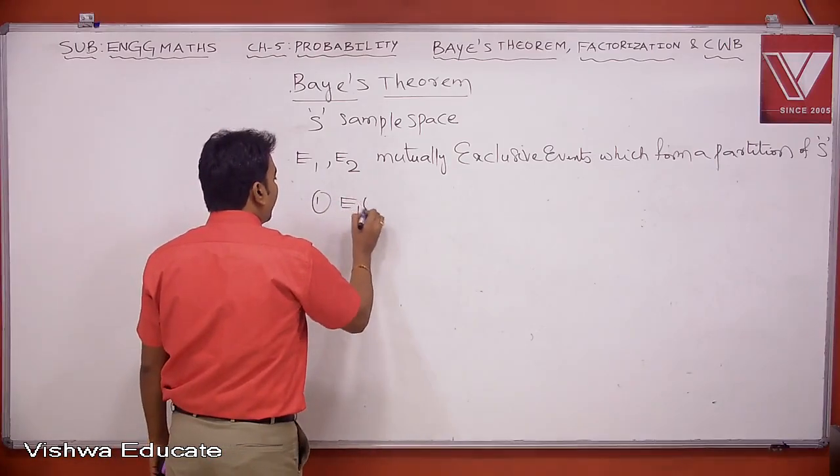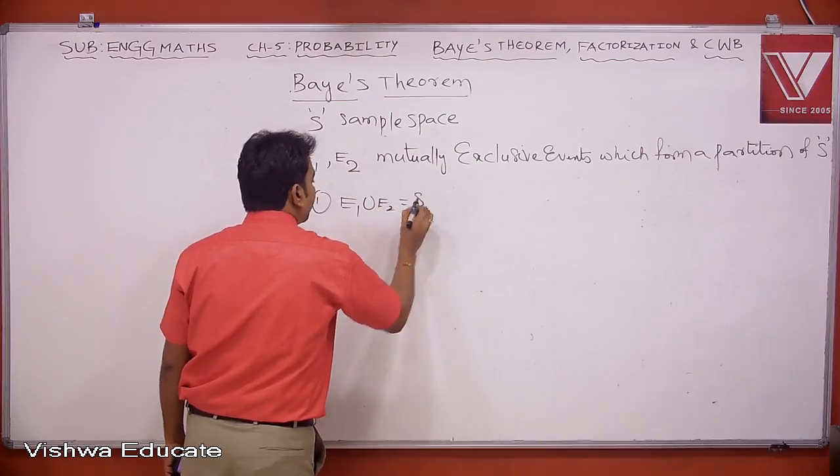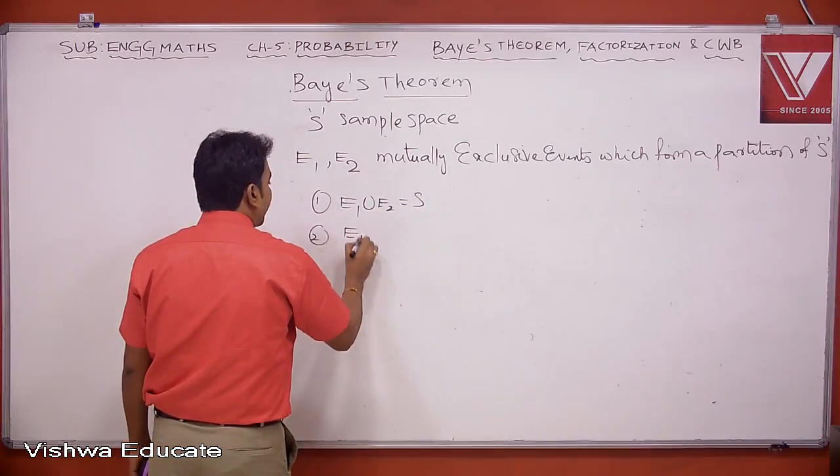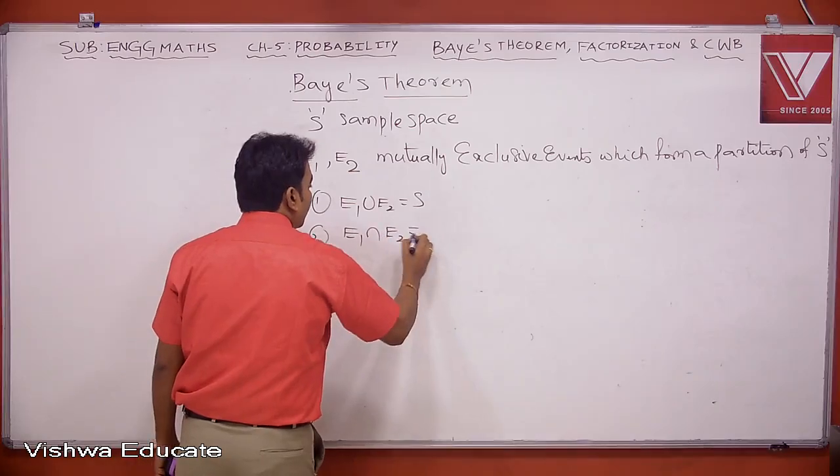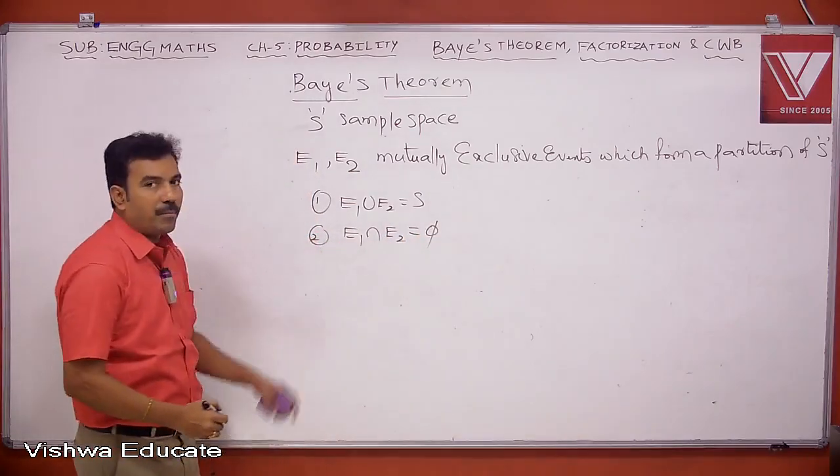E1 union E2 equal to S, E1 intersection E2 equal to empty set. So therefore in that case they form a partition.